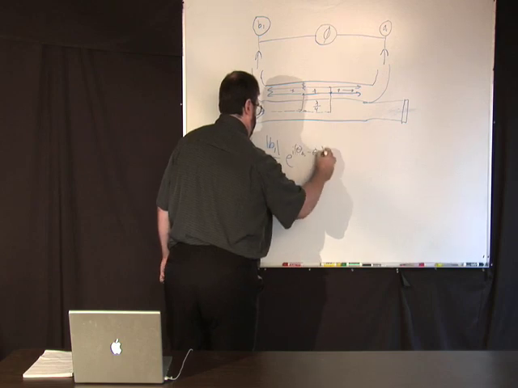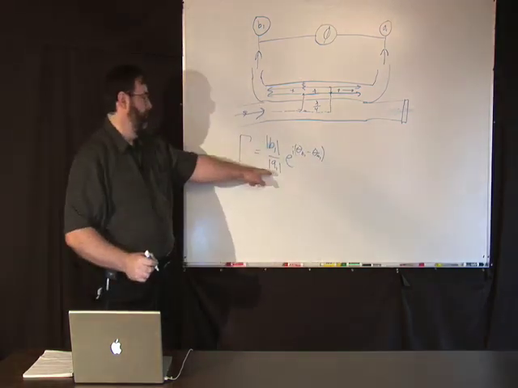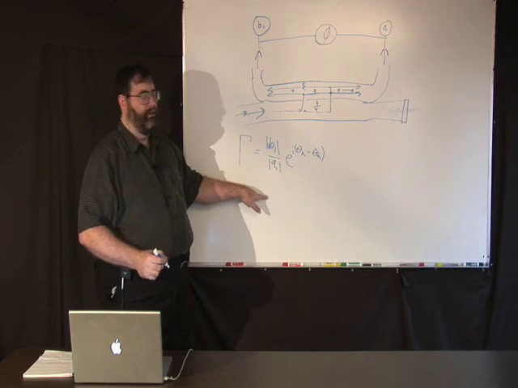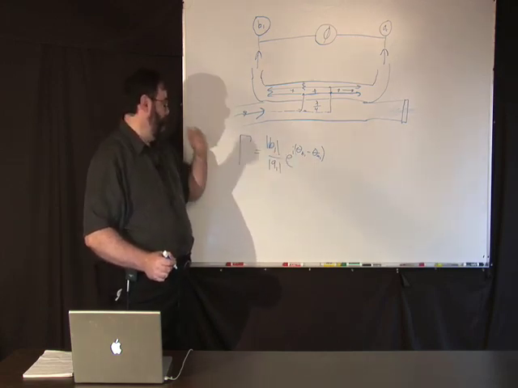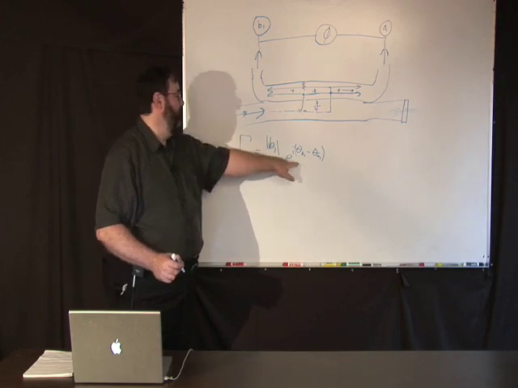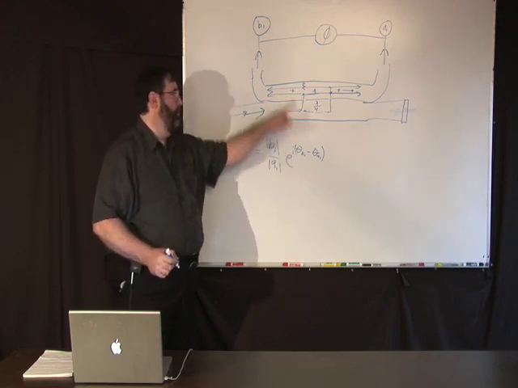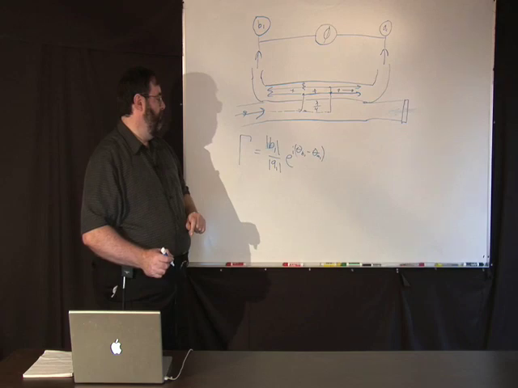So this is just dividing, this subtraction comes from this division. So this is the phase difference between them. So we've got the three components to measure reflection.